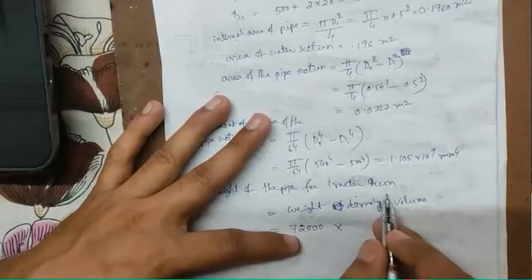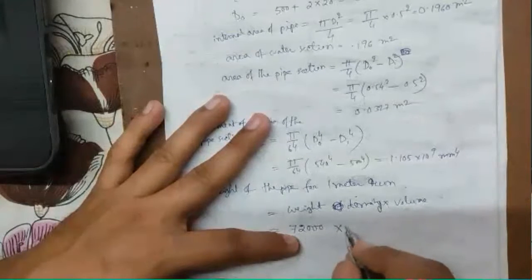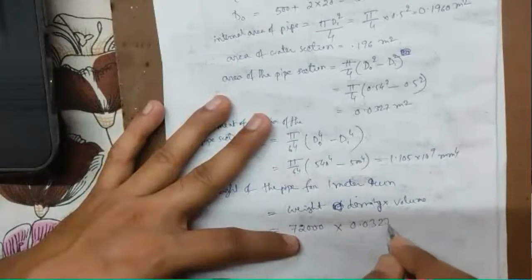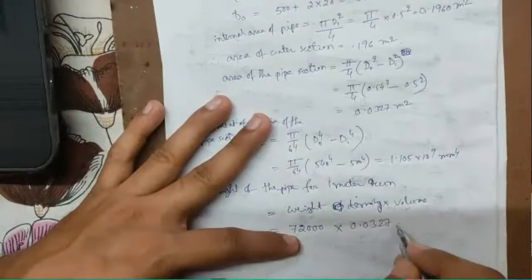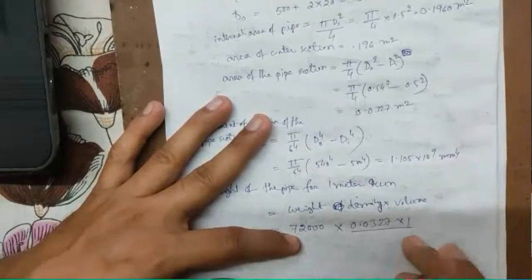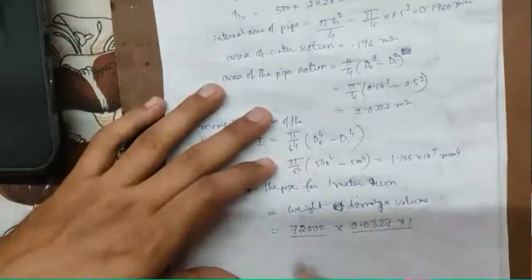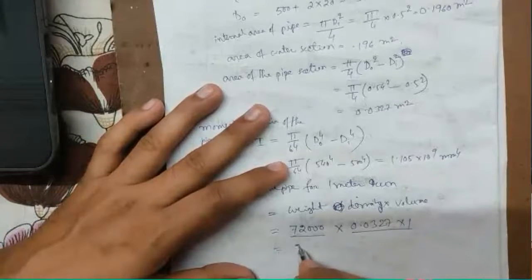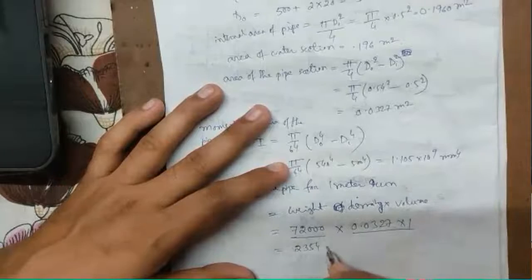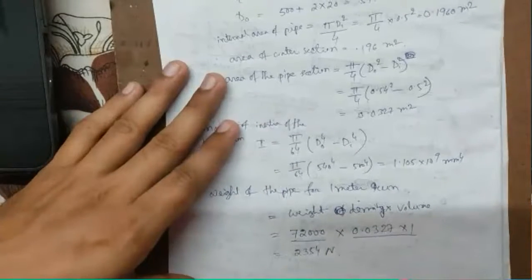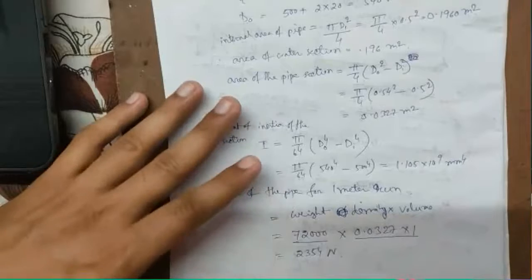Volume of 1 meter means its cross section, 0.0327, we have just found out, into length 1 meter. So cross section into length will give us the volume, and this is the weight density. Upon multiplying, we get 2354 Newton. So for each meter length, the weight is 2354 Newton.